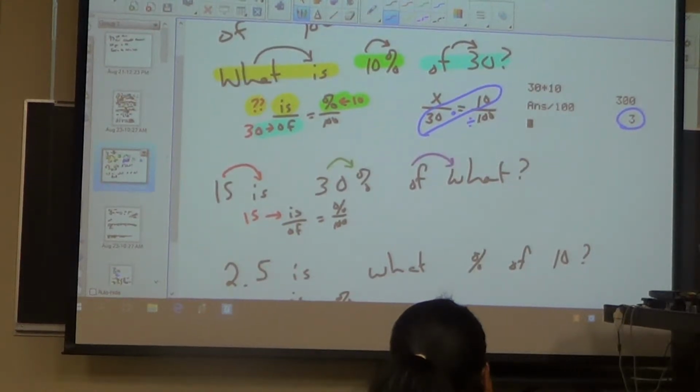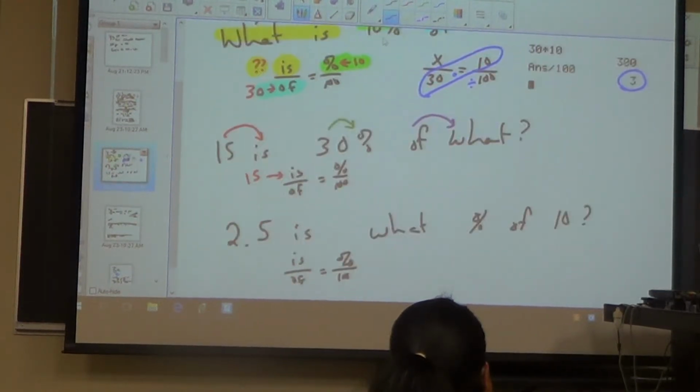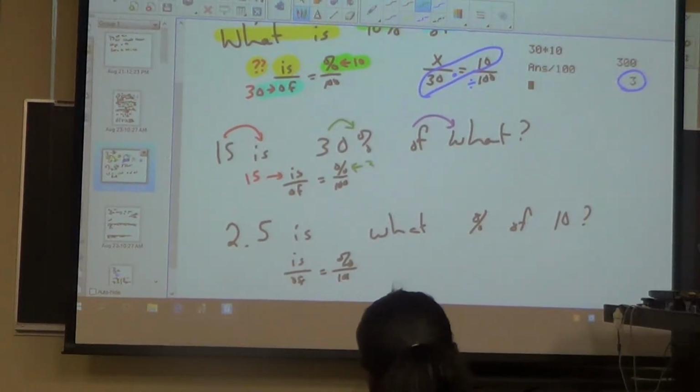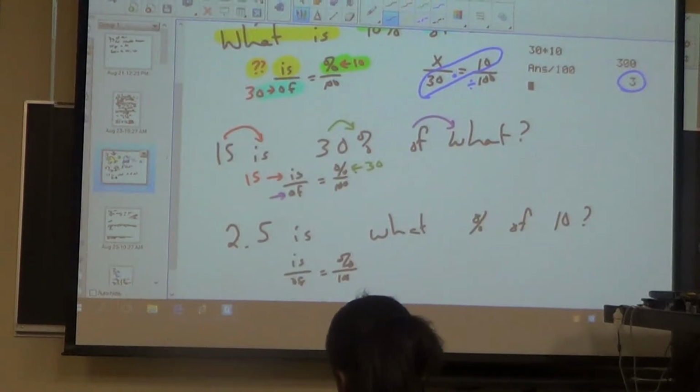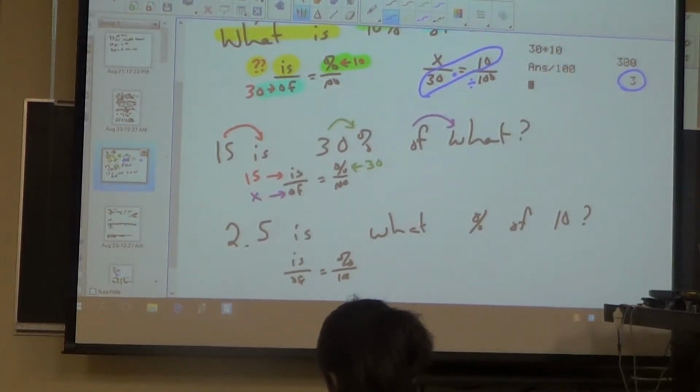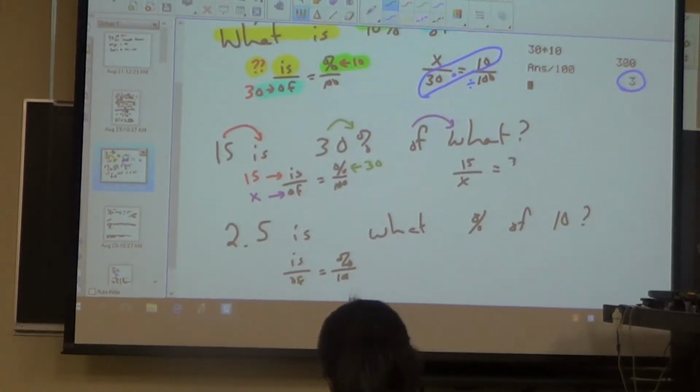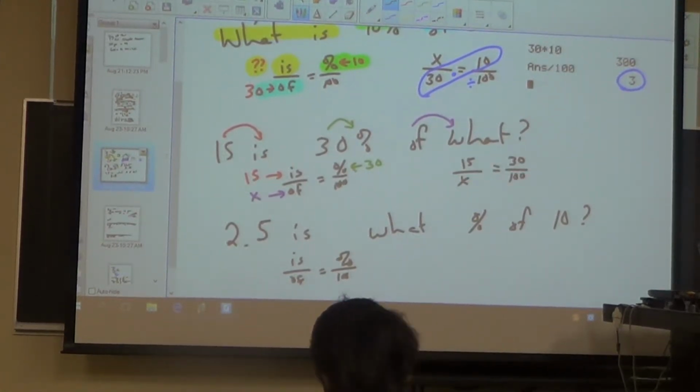Of what? Okay, so 15 is my is, 30 is my percent, and of is what I don't know. So it's going to be 15 over x equals 30 over 100. 15 is 30% of what?